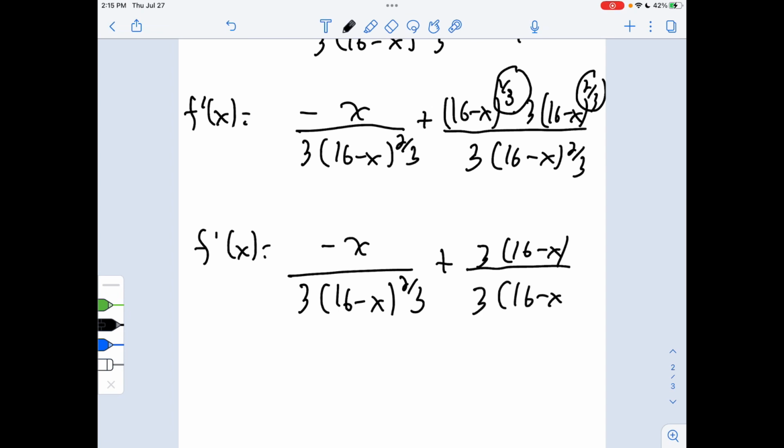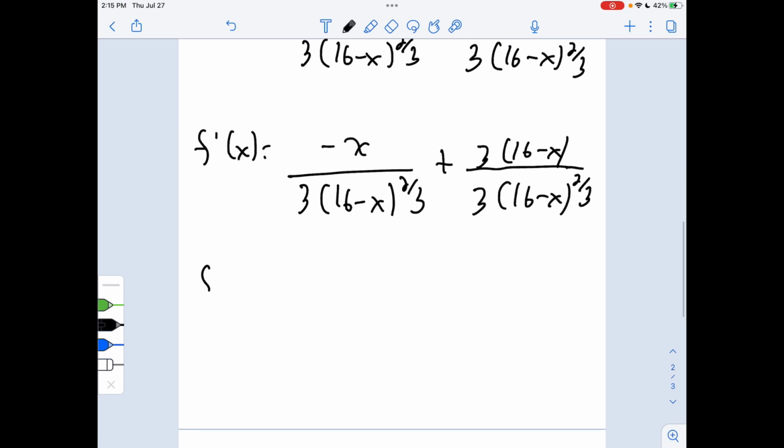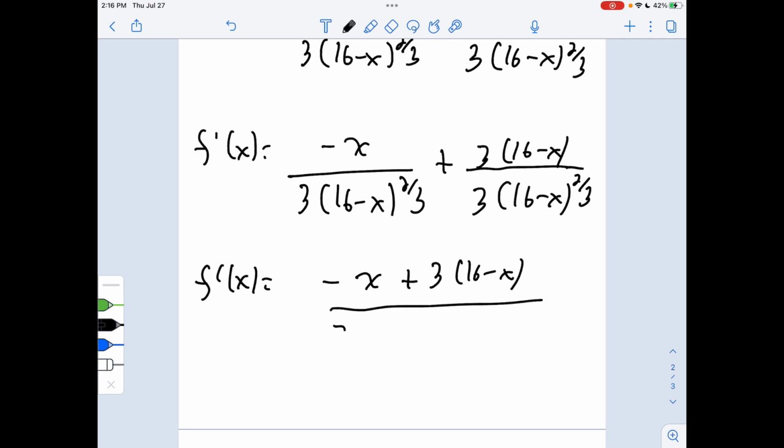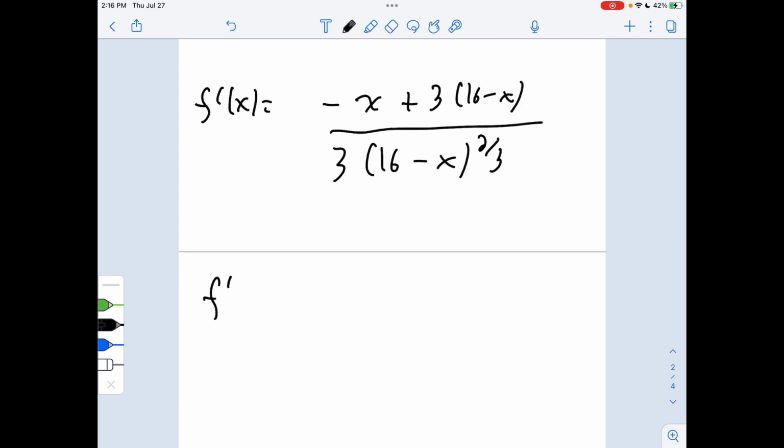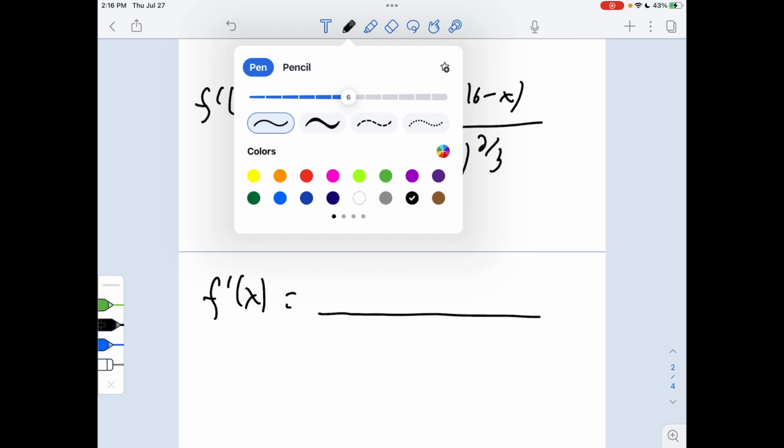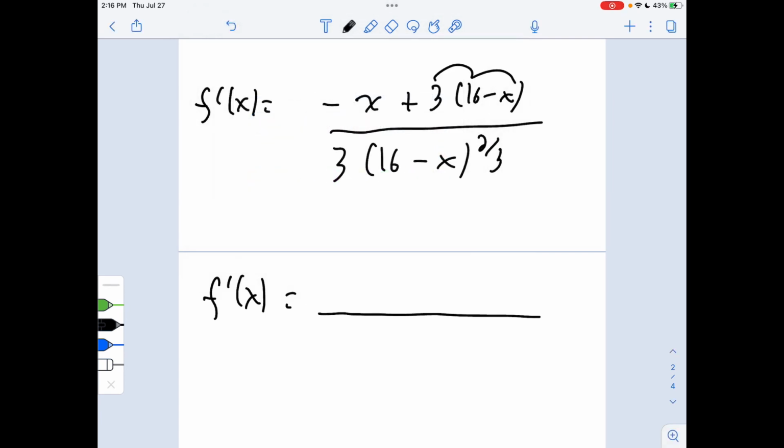The reason is that we're multiplying two terms with the same base, 16 minus x, so we can add the powers together. I would have f prime of x equals, putting everything onto one denominator, and finally, if you distribute that 3 and add that minus x, you would get minus 4x plus 48.